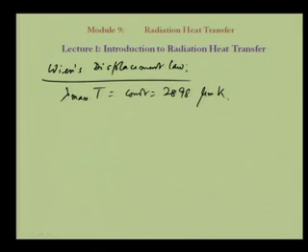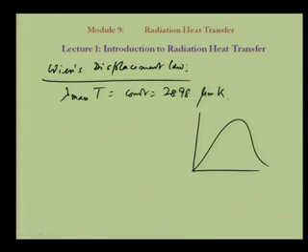So, what does that mean? A surface at a given temperature radiates at different wavelengths. Here, for varying wavelength lambda, this is E_b lambda. The emissive power of a surface is a function of lambda.